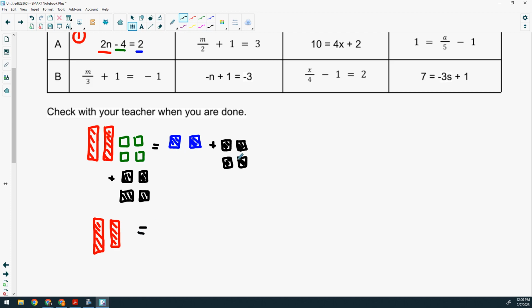We now have +2 plus 4, which gives us +6. Shade them in because they're positive.